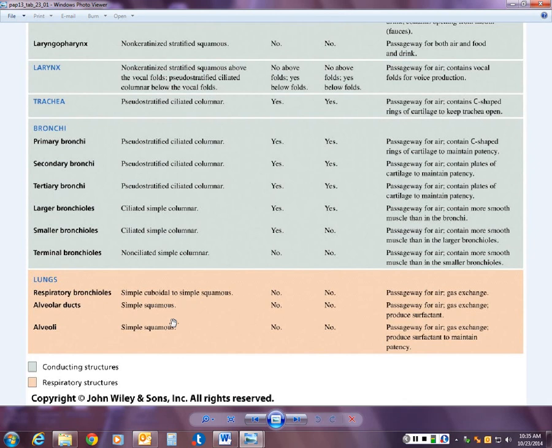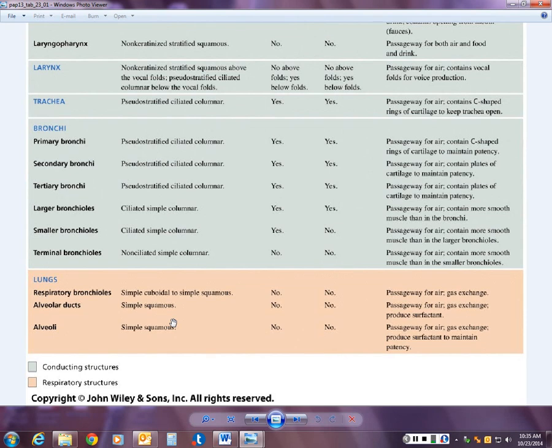So, throughout all of your larger airways, the trachea and all the various bronchi, you have pseudostratified ciliated columnar epithelium. As you move into the bronchioles, you lose the multiple layering effect of the pseudostratified columnar epithelium, and you become ciliated simple columnar.